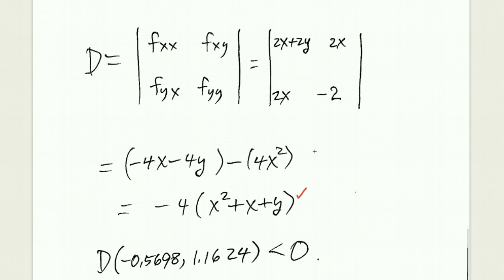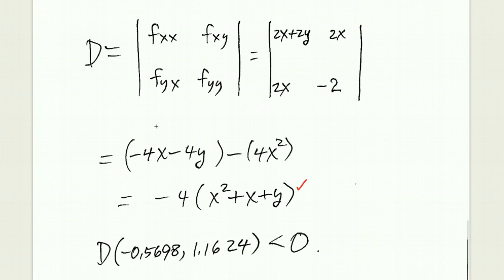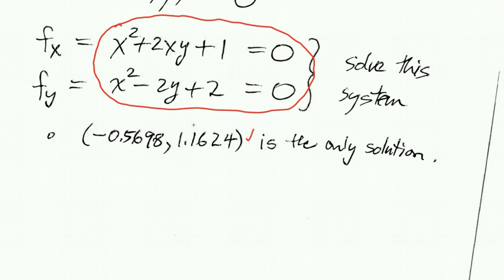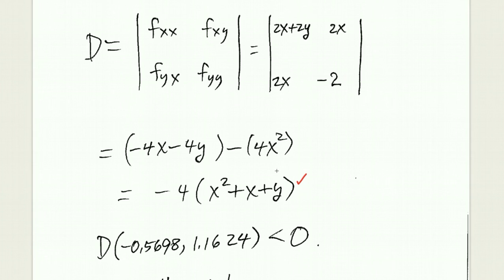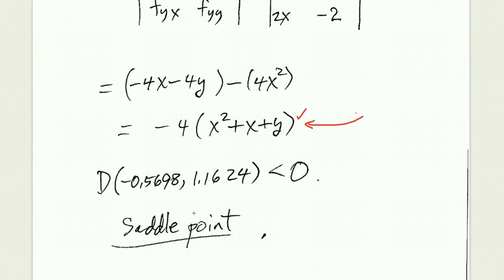Now what you want to do is take that and evaluate it at the stationary point. So you want to come up here and put these values into this formula and see what kind of value you get out. You get a negative value.